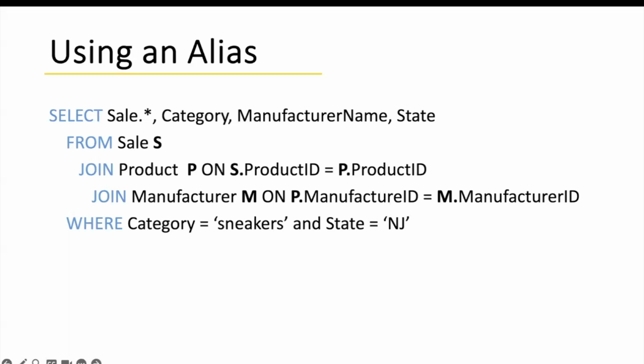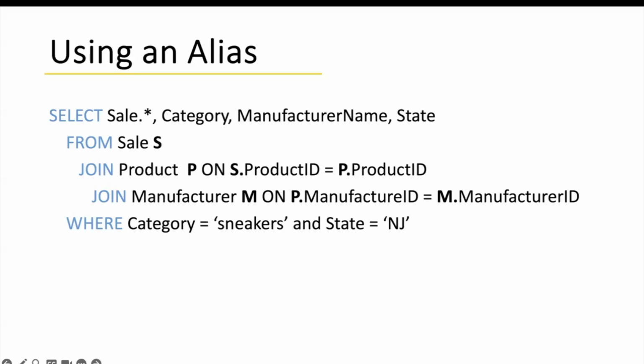Once things get more complicated, you can refer to these aliases instead of using the full table or column name. For example, we are defining S as an alias for the sale table, P for the product table, and M for the manufacturer table.